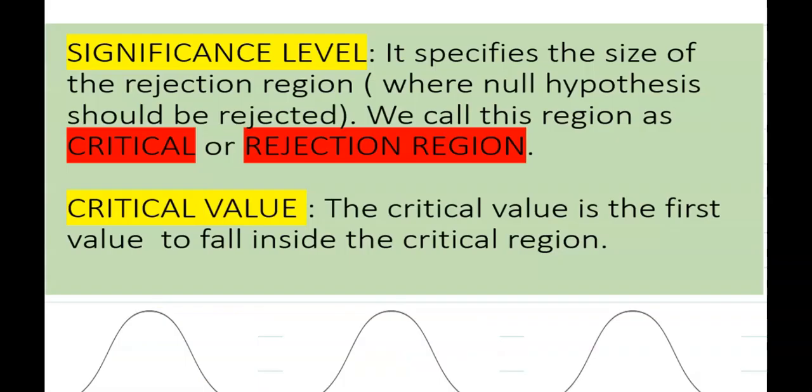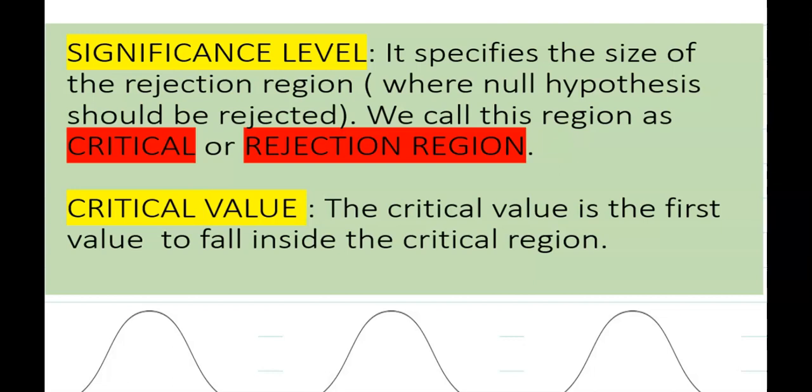Next we are going to discuss the significance level. The significance level specifies the size of the rejection region where the null hypothesis should be rejected, and we call this region the critical or rejection region.